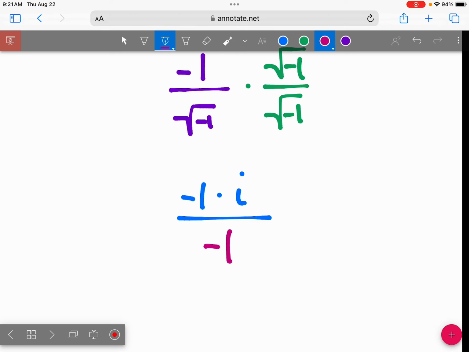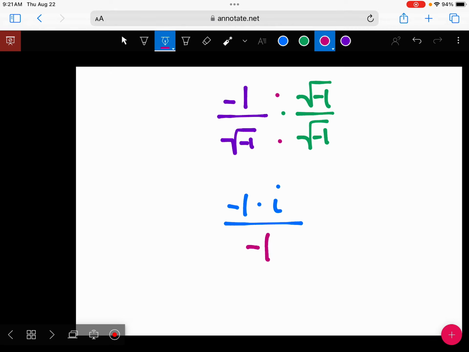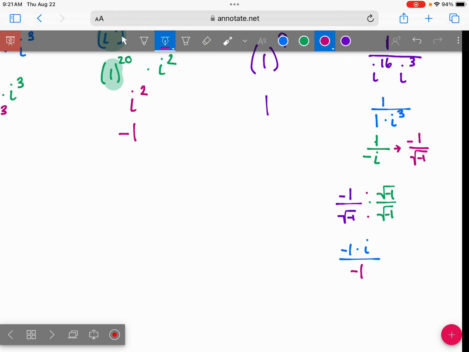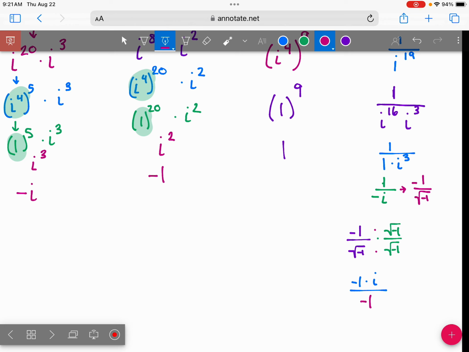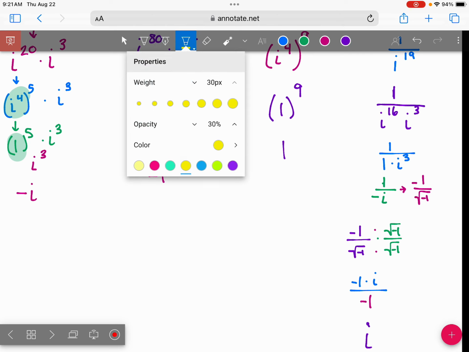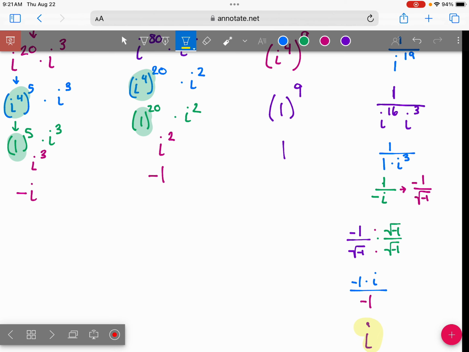Negative 1. Multiply top, multiply bottom. So this whole thing, i to the negative 19, simplifies down to be what? Just i. The negative ones are obnoxious because we do have to rationalize them.